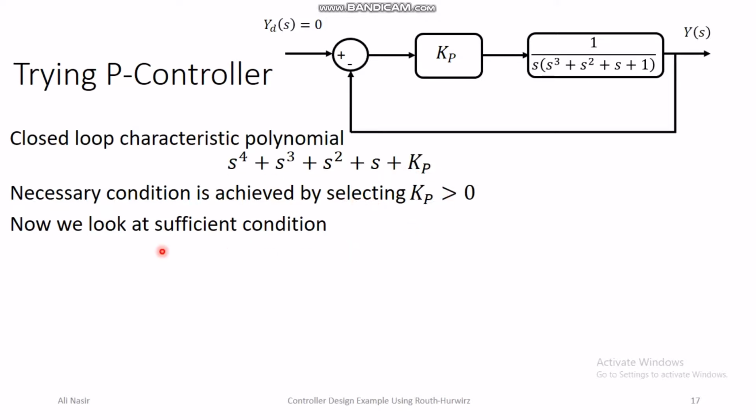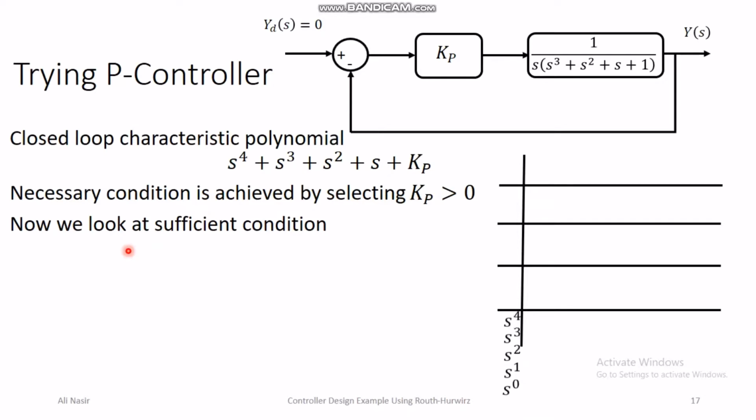And now we look at the sufficient condition, for which we construct the Routh table. The coefficient of s to the power 4 comes here, then the s square coefficient comes in the next place, and the constant coefficient comes in the next place, and similarly the coefficient of s cube comes in the next row, then the coefficient of s, and then there is a 0 for filling in.